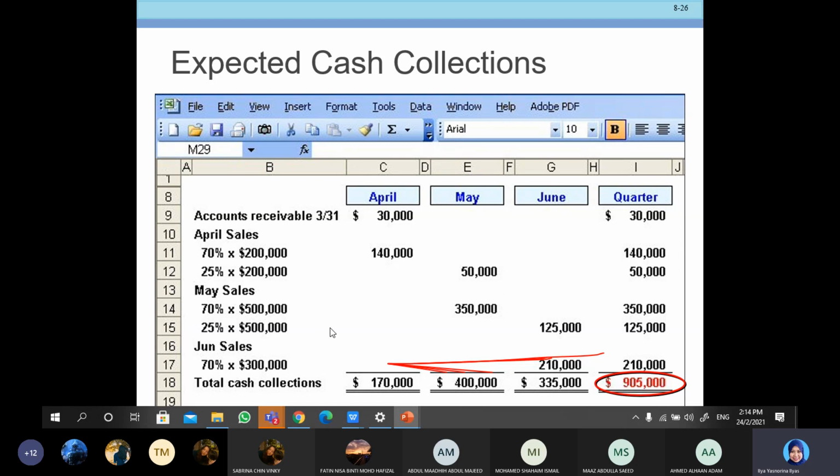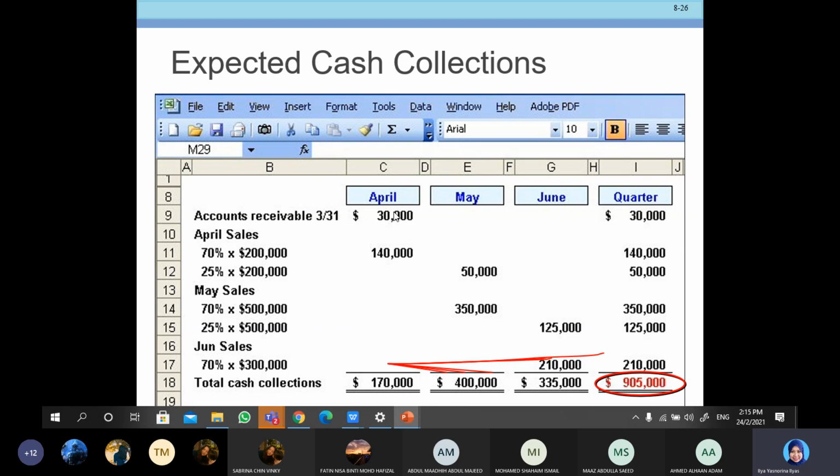So this is the amount of sales that we collected in that month. It doesn't mean that if the sale is in April, we will get 200,000. No, the company sets the system so that 70% you pay in this month and another 25% you pay next month.